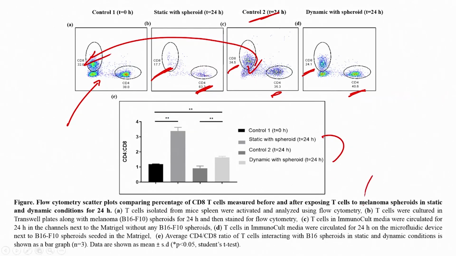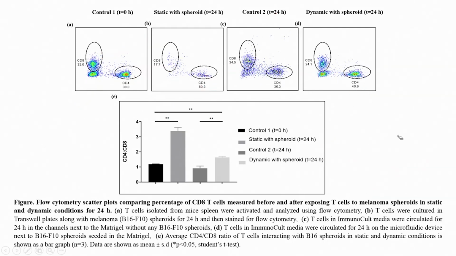That means that we get different results from the static platform compared to the dynamic platform, and that is why we should go for a dynamic platform for understanding or evaluating the efficacy of immunotherapy rather than using the static platform which is used right now, right.